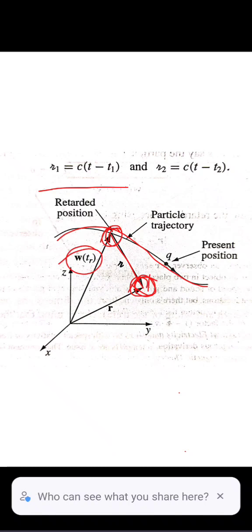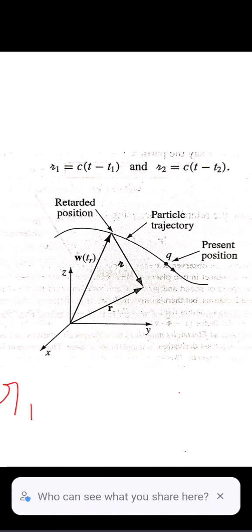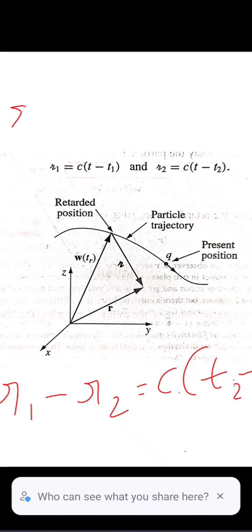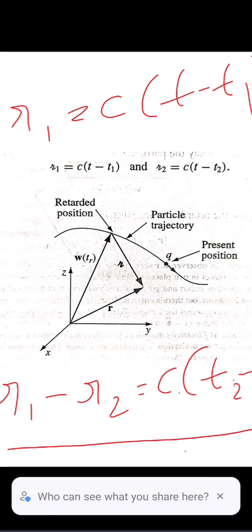From this we can calculate the difference between R1 and R2, (R1 minus R2) divided by c, which gives t2 minus t1, the difference between the retarded times.